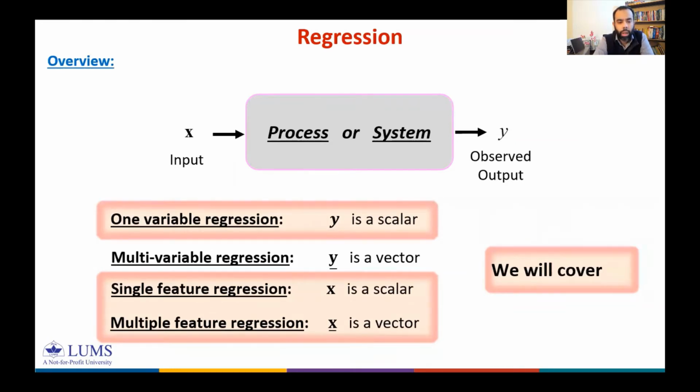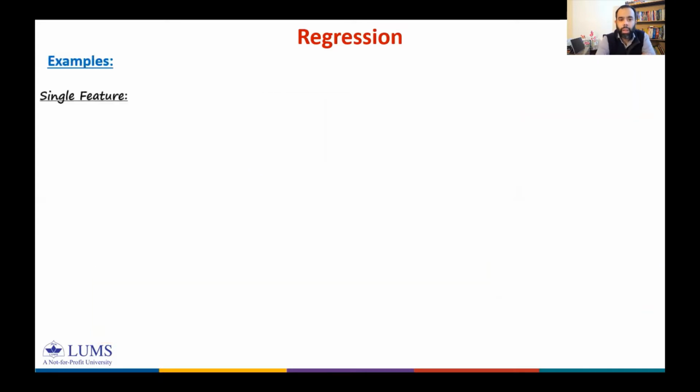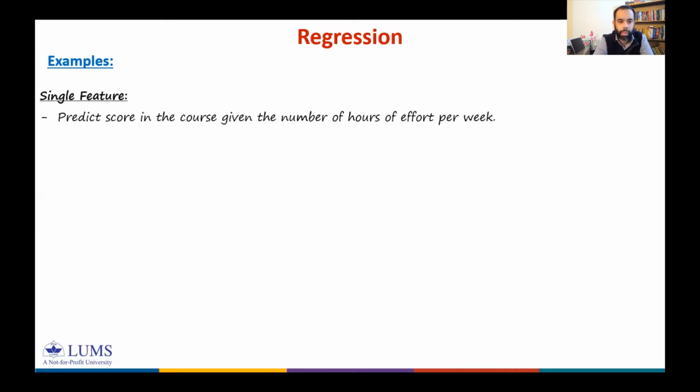Okay. Before we move forward and formally set up a regression problem, let's look at a couple of examples, real life applications where we encounter regression problems. For example, if we talk about single feature, it could be that you want to predict score in the course given the number of hours of effort per week.